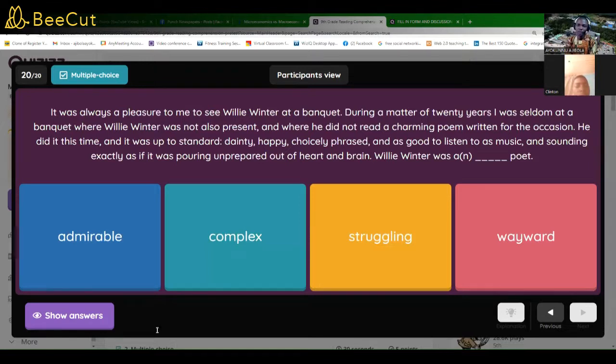So he did it this time, and it was up to standard, dainty, happy, choicely phrased, and as good to listen to as music, and sounding exactly as if it was pouring unprepared out of art and frame.